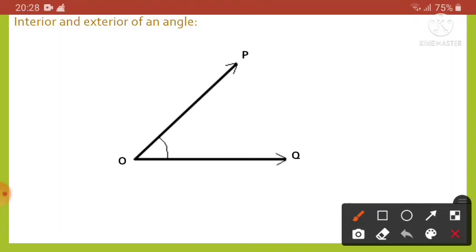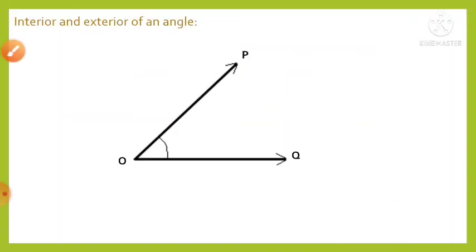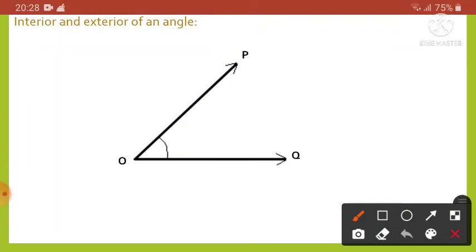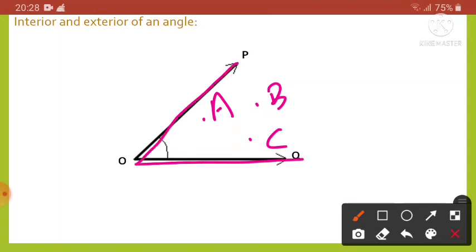Now check it. Look at the figure. Suppose we are taking ABC. The points A, B, C lie inside the angle POQ, so these points are in the interior of angle POQ.